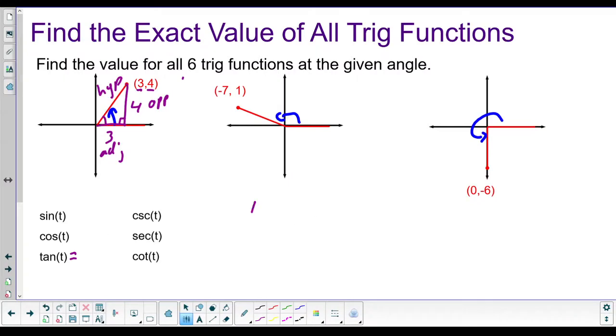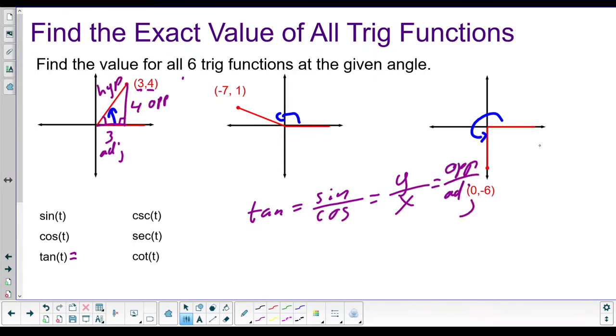So tangent is equal to sine over cosine, and I'm omitting the thetas here, or y over x, also opposite over adjacent. So there's 3 different ways we can think about tangent now. Our opposite side is 4, our adjacent side is 3, so this would be 4 over 3. And then cotangent is the reciprocal of this, meaning you just flip it upside down. So this would be 3 over 4.